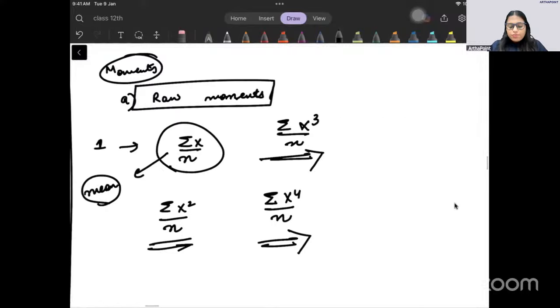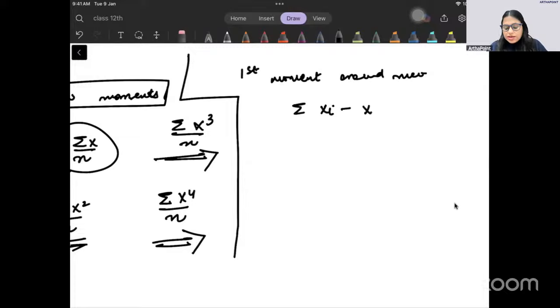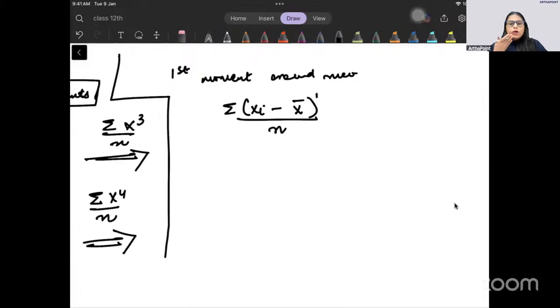Then we have moments around the mean or moment about the mean. So if they ask you to find the first moment around mean, it is summation xi minus x bar to the power 1 by n. And we know that the sum of deviations from the mean is 0. This information we already know. So we can say that this will directly be 0.